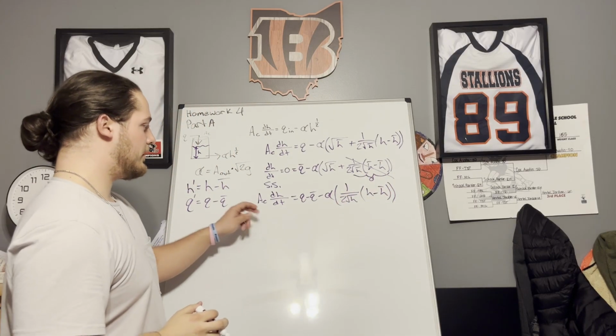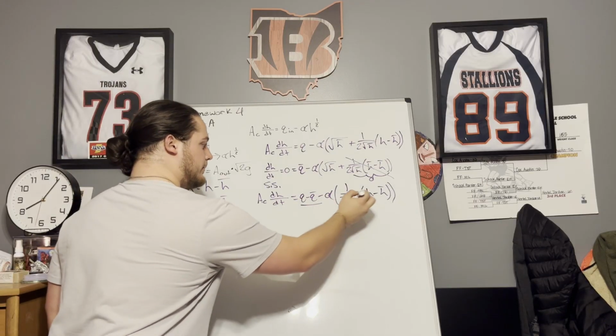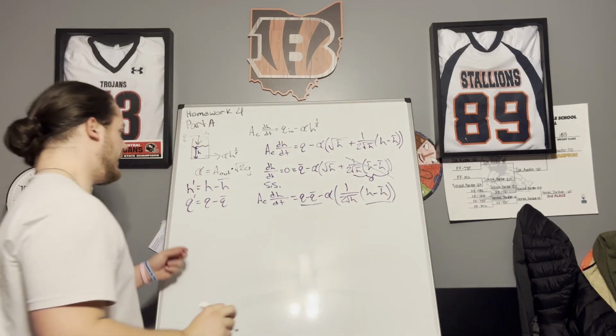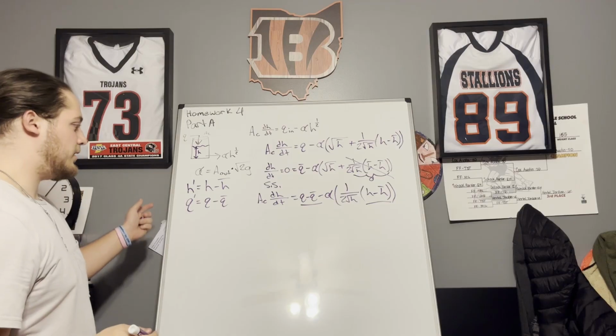So as you can see here, we have q minus q bar and h minus h bar, and that is what we had defined as our deviation variables.